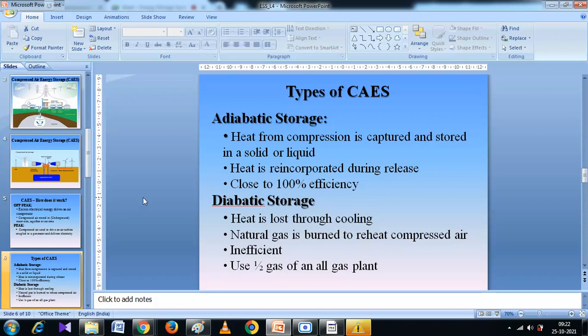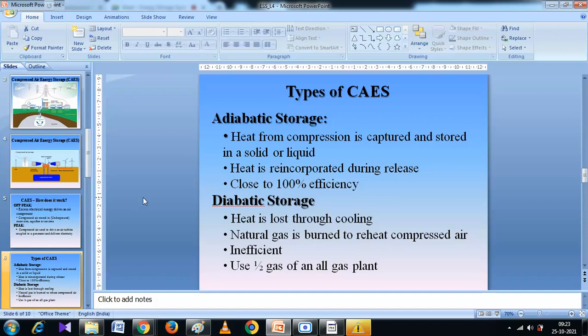The heat from the compression is captured and stored in solid or liquid, so that the heat is not lost, and heat is reincorporated during the release, so there is no heat loss, and the efficiency of that adiabatic system is nearly 100%.